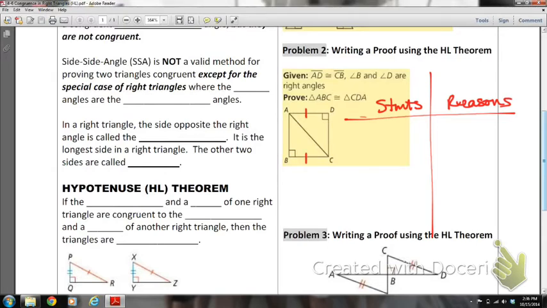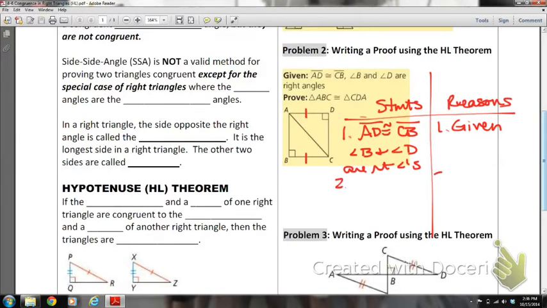And it also tells us that angle B and angle D are right angles. So let's write that as our first statement, the given information, that AD is congruent to CB, and that angle B and angle D are right angles. And all of that information was given to us.